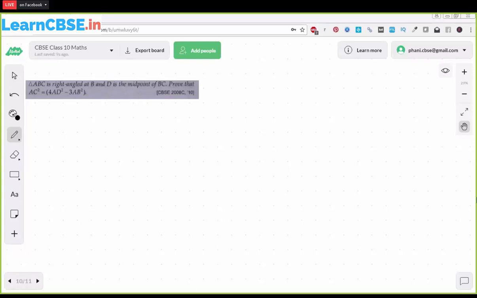We have to prove AC square equals 4AD square minus 3AB square. So it's right angled at B. D is the midpoint of BC. That's what we need to prove.